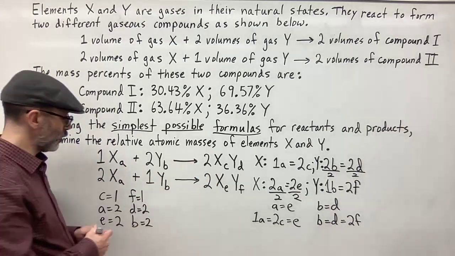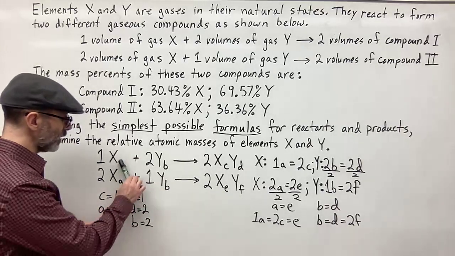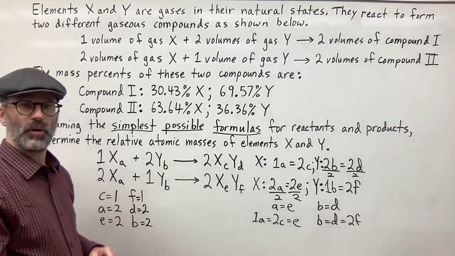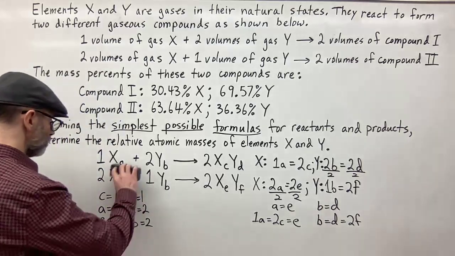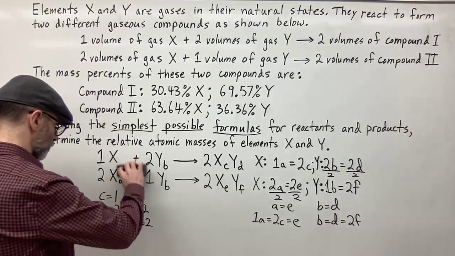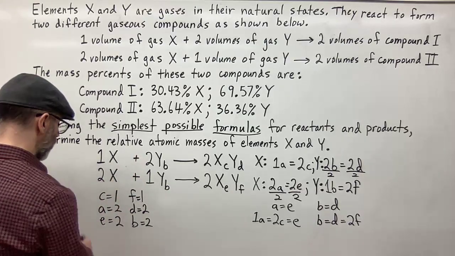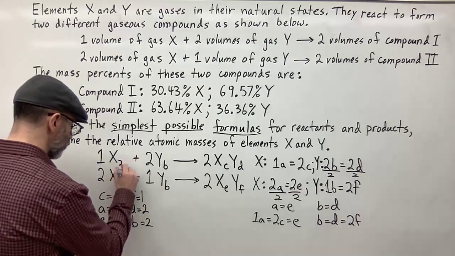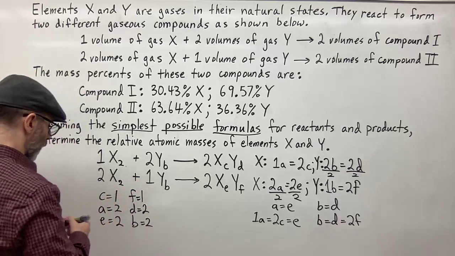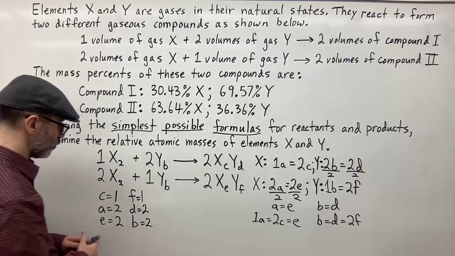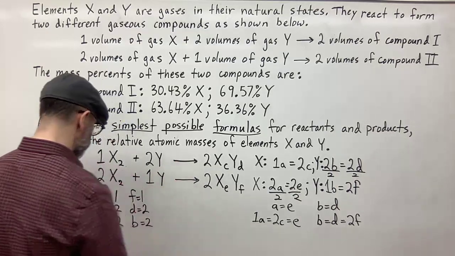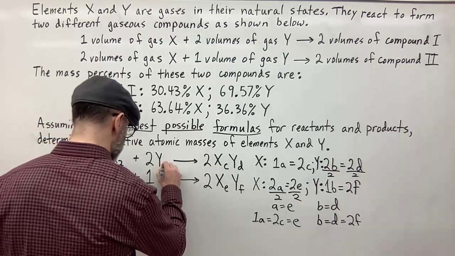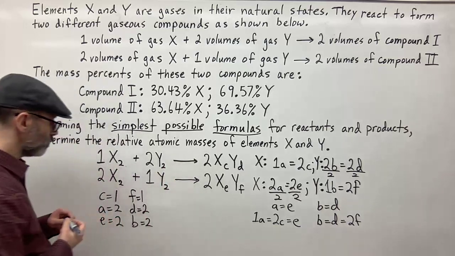Now all I need to do is replace the letters with numbers. So let's go ahead and do that. Here I'm going to have A. We said A is equal to 2, so 2 and 2. B is equal to 2, so we're going to have subscripts 2 for the Y's. So that's 2 and 2.